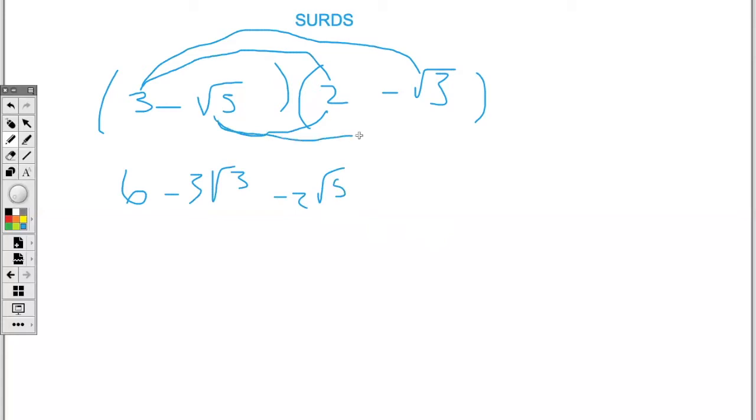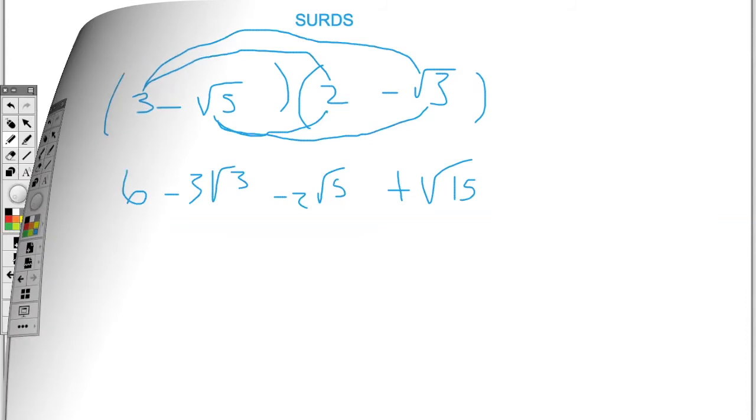And negative times negative, that's a positive. And root 5 times root 3 will give us root 15. Now looking at this, we can't go any further, so we'll leave it as is.